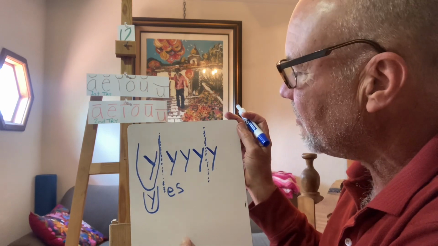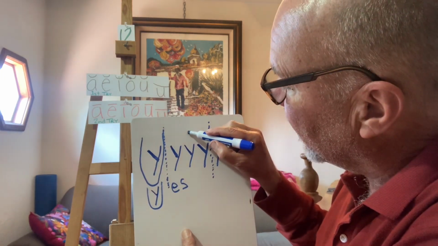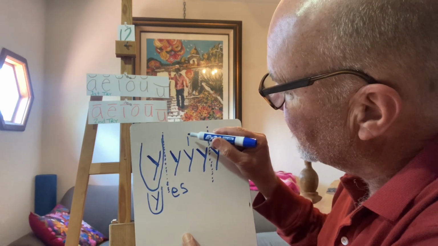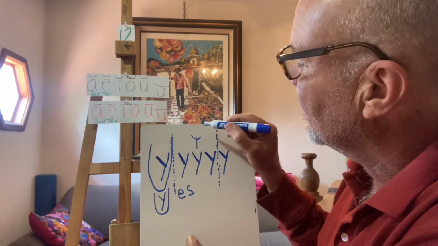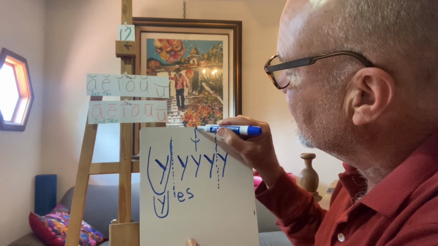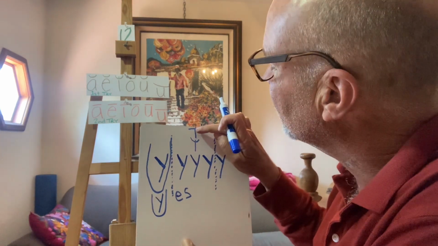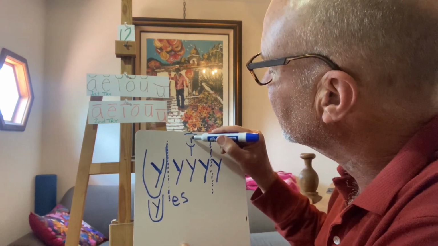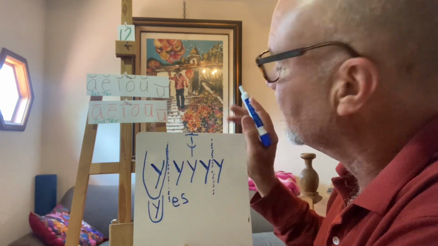Okay? Y inside a word, first try, your best chance of success will be I. Second try, I, I've got my long vowel. I don't want it to look like a T. Can you see?